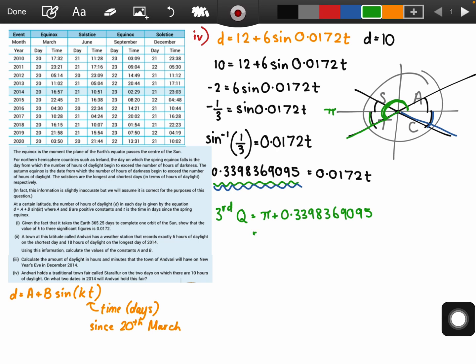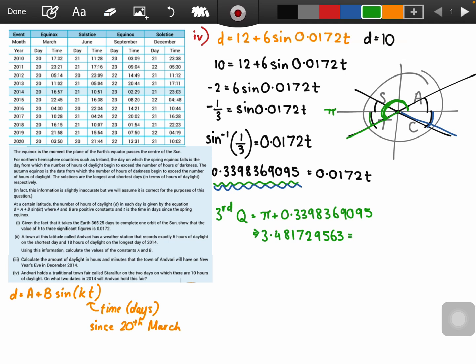Okay, so in the third quadrant, we're going to add pi onto that number so that we get 3.48142953.